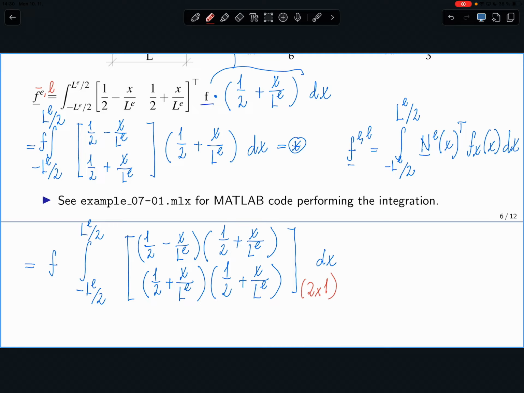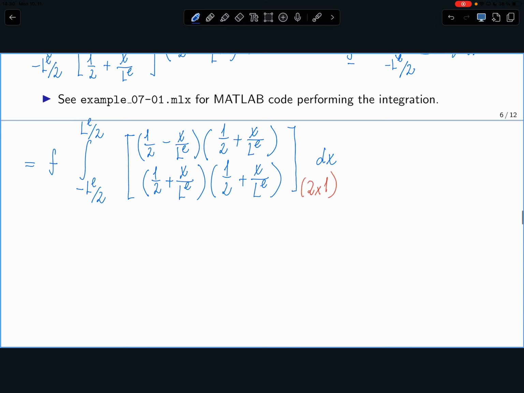So now I will refresh my high school knowledge, and what I will get as a result is the following. So still I'm integrating over the same interval.